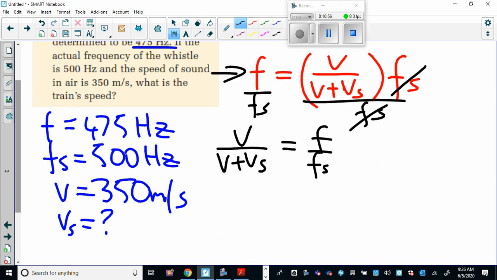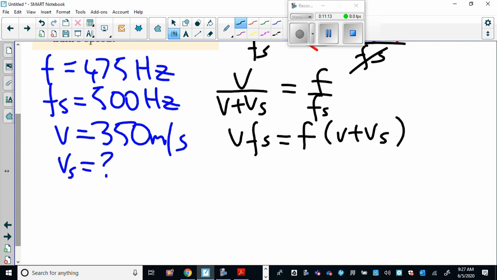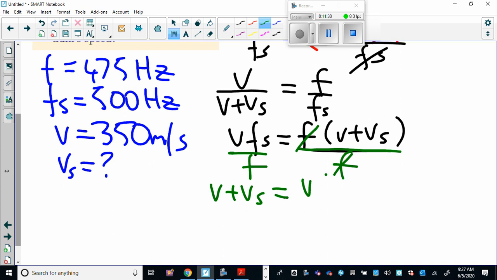So now we cross multiply. And at this point, you could distribute, but you don't really have to, because we're only solving for the Vs there. So at this point, we can divide both sides by F. I just wrote it backwards, so I have my Vs on the left side.